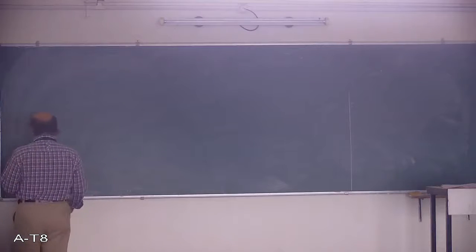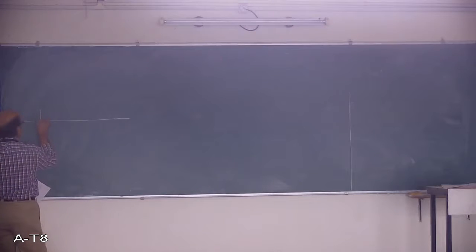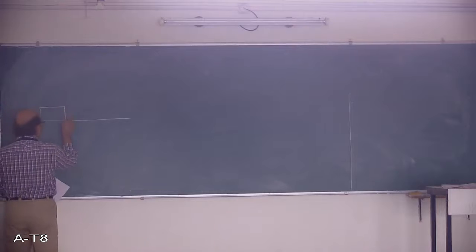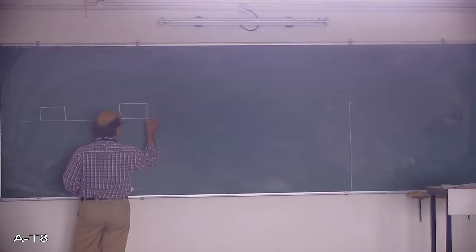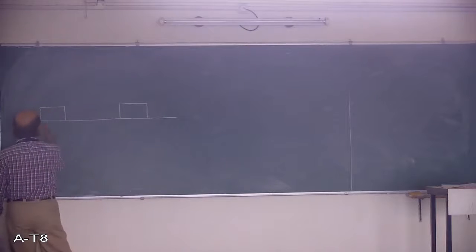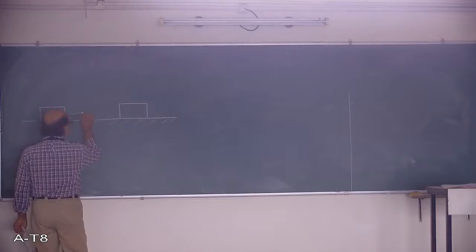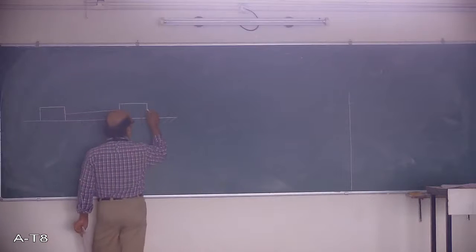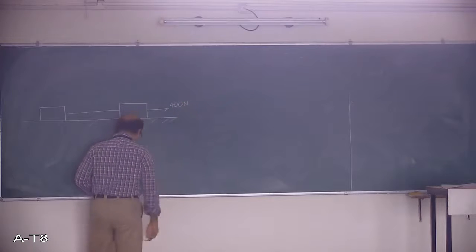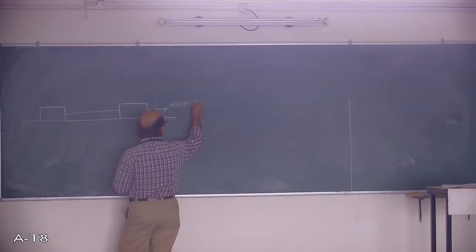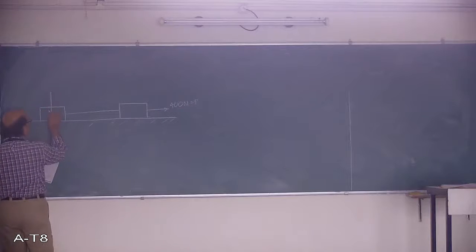Now I'll show the figure here. That is a road surface. On that there is one block here and another block here, and on that surface there are two blocks and they are connected by a string, and it is pulled in this direction by 400 Newton force P. Weight of this block is 200 Newton.